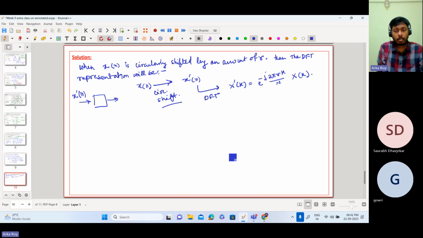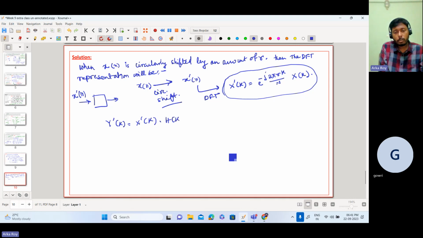Now, given this as the input of the system, if I consider the output of the system, that will be Y'(k) equals X'(k) multiplied with H(k). Because we know that the system yields the output as a circular convolution, I am directly taking the DFT so that I get the multiplication of the individual DFTs.